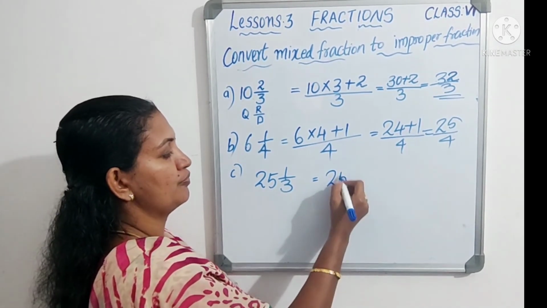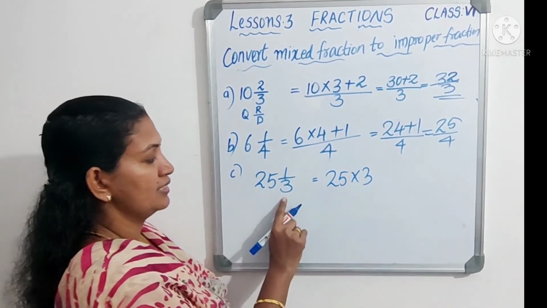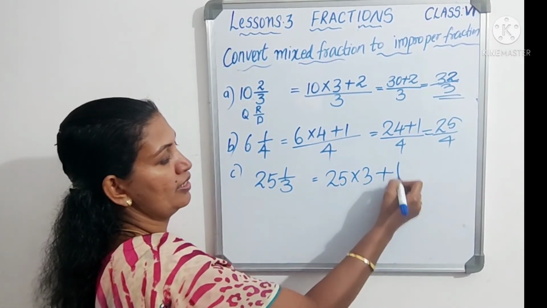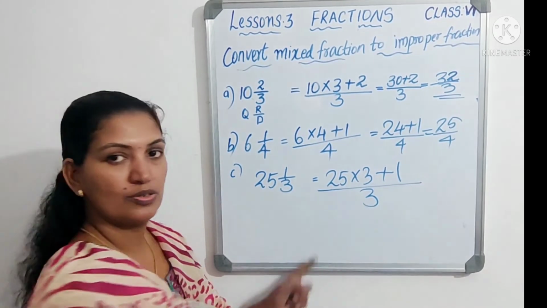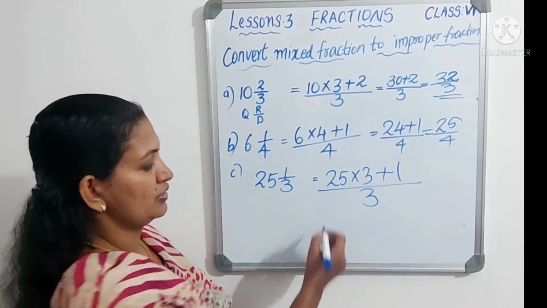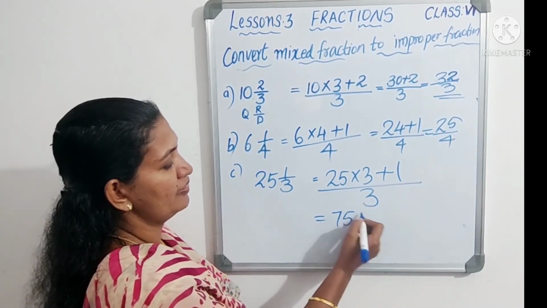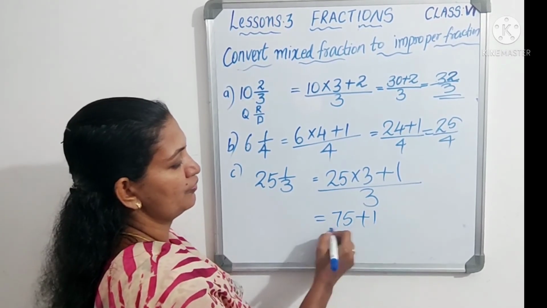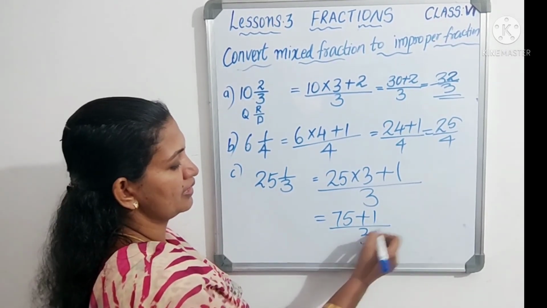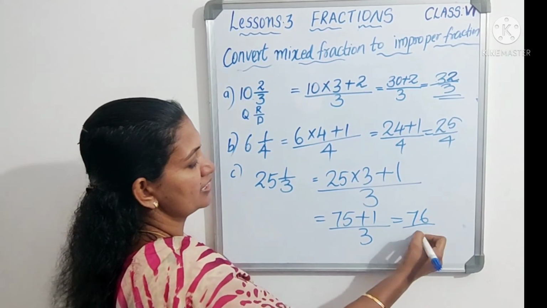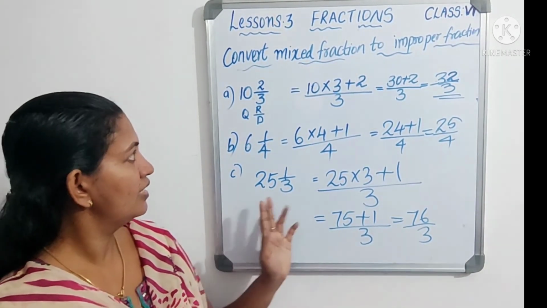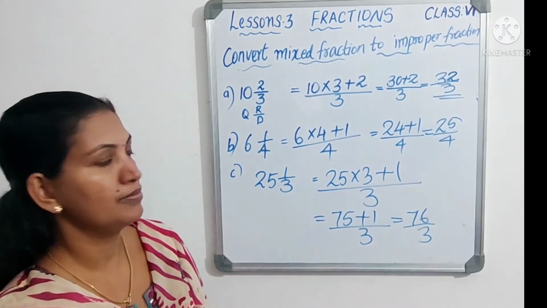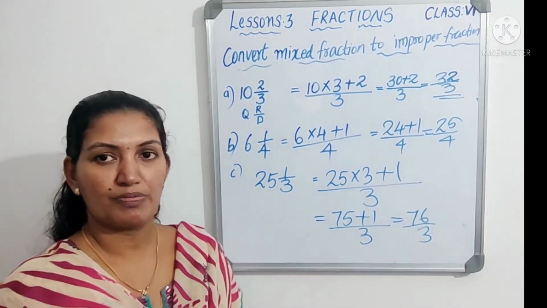That is 25 into 3, then plus 1, all divided by the same denominator. 25 3s are 75 and add 1. 75 plus 1 divided by 3 is equal to 76 by 3. So these are the examples of how to convert a mixed fraction into an improper fraction.